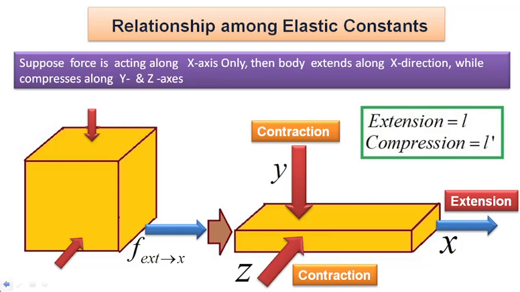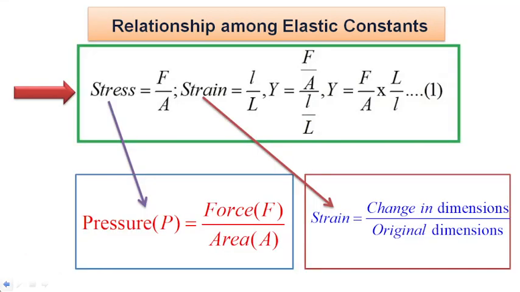Whatever extension takes place along the x-axis is denoted with the letter small l, and compression along the y and z axes is denoted with small l dash. See, stress is equal to force divided by area. Stress is also equivalent to pressure, which is also force per unit area.